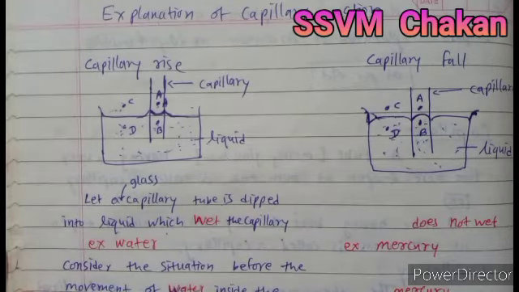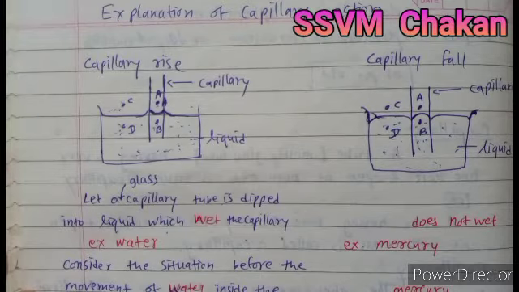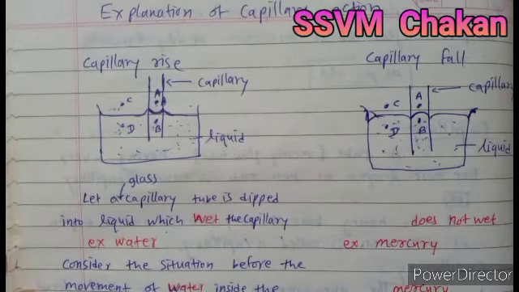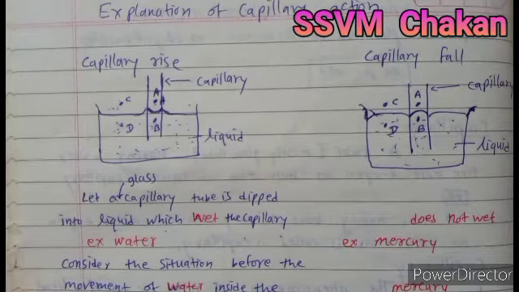Both explanations are similar, only some words are different. Those words are marked by the red pen. You only change those red words using the other words that are also shown, and you write the capillary fall yourself.